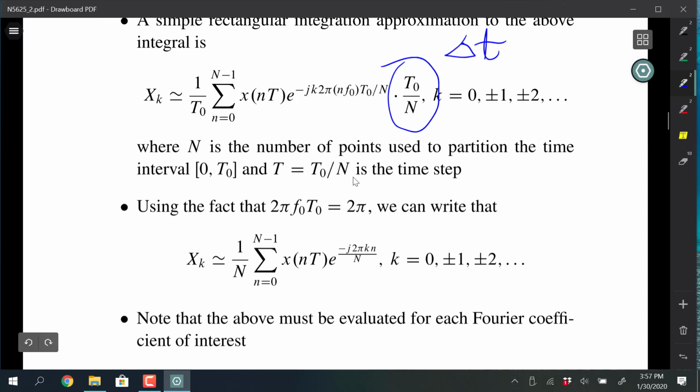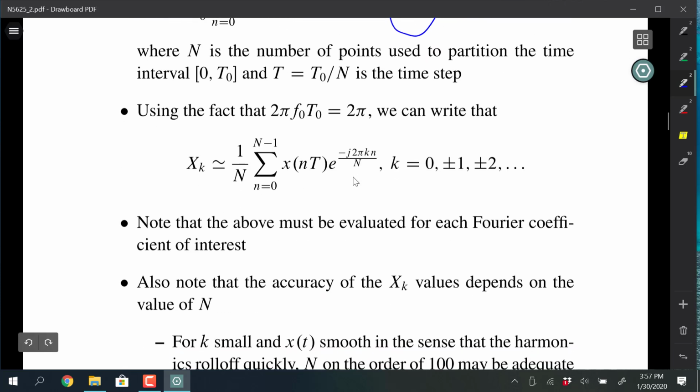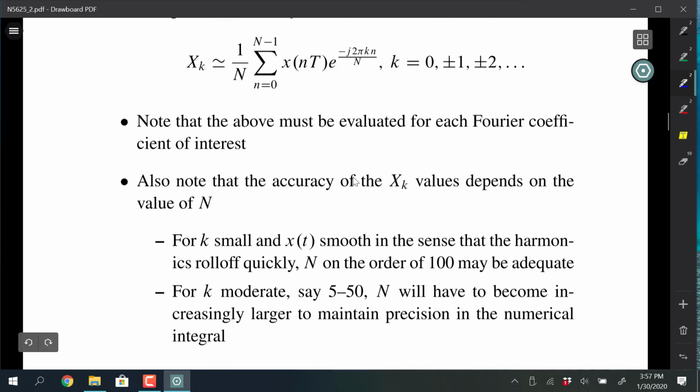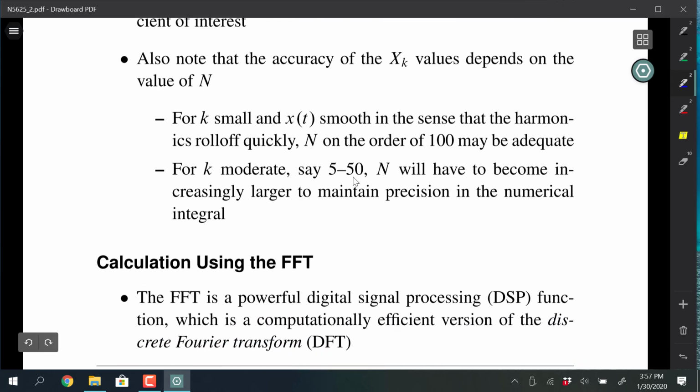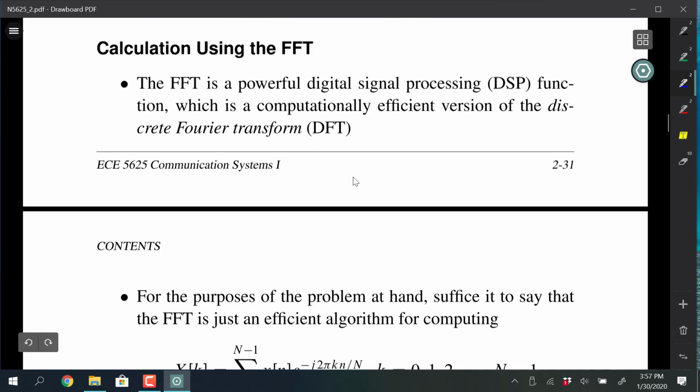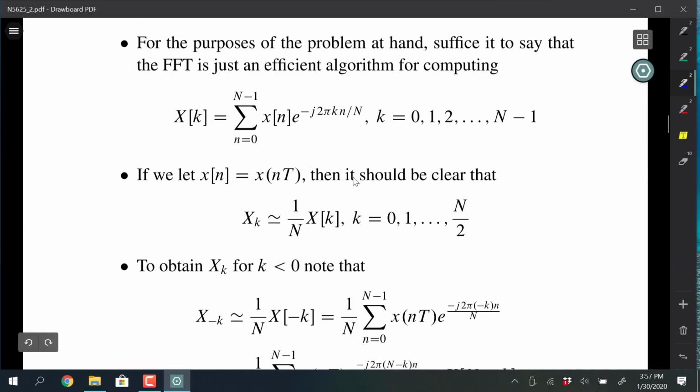So I do that, and then I rearrange that slightly down below because 2 pi f naught t naught is just 2 pi. And then I get it into this form here, and this is very close to the fast Fourier transform of a sequence of samples. So I talk about that here and then just say it's the discrete Fourier transform, which is efficiently done with an FFT.